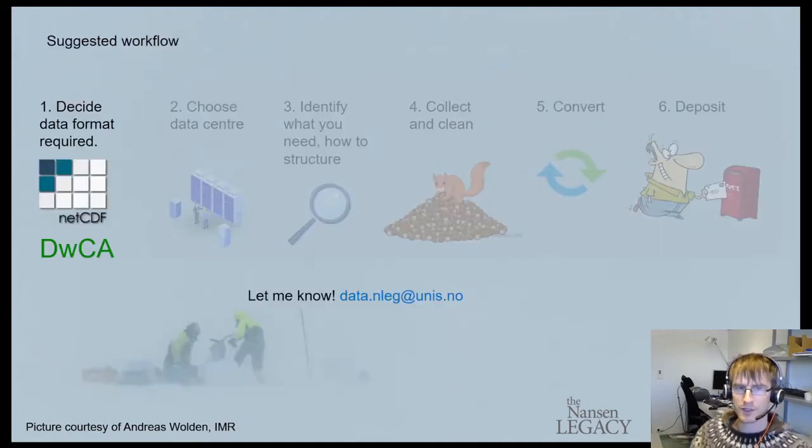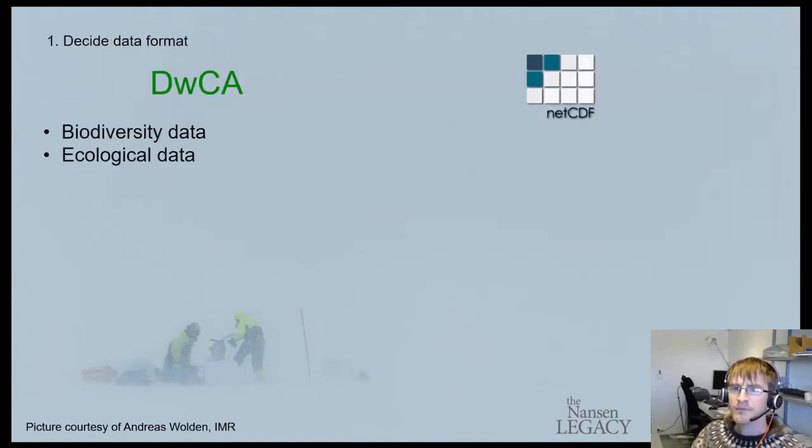Okay, so let's go through this one by one, starting with deciding on a data format. So Darwin Core is a standard for publishing biodiversity data or ecological data. And an archive is the file format that allows you to do this.